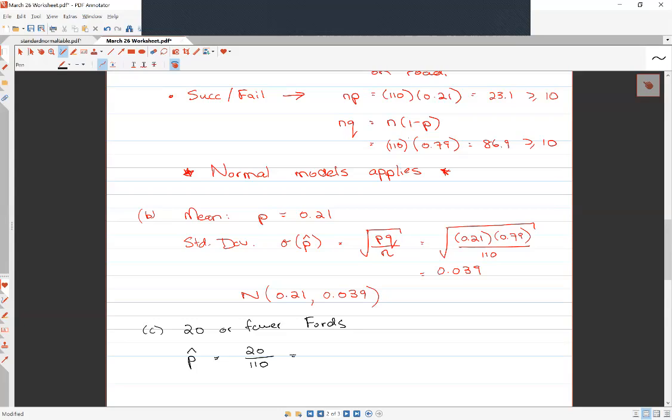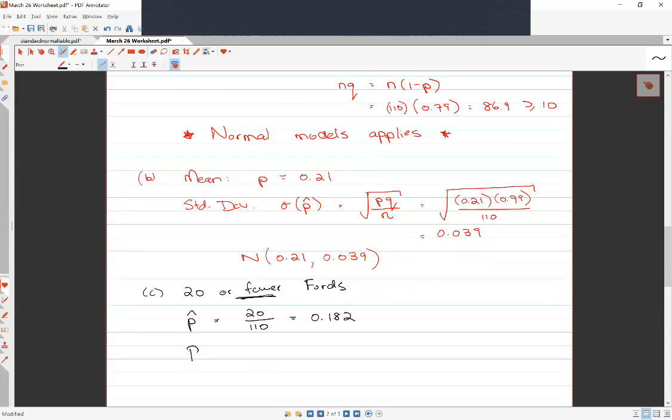That's where I get my sample proportion. And if you calculate this, rounding to 3 decimal places here, I get 0.182. So I want to know how likely is it that my sample proportion is 0.182 or less, right? I want to calculate the probability that p hat is less than or equal to 0.182.